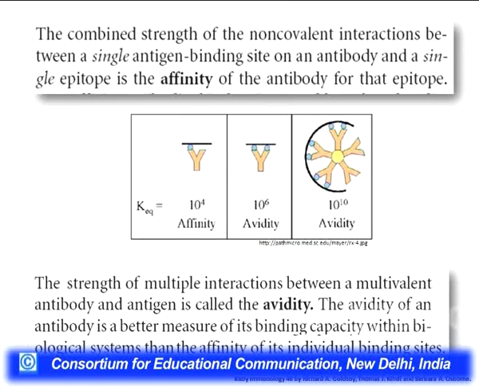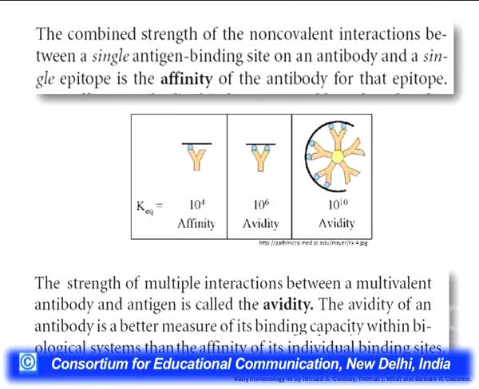Now, this affinity was not able to completely define or measure the entire capacity of an antibody, because the antibody-antigen interaction cannot be defined only by a single antigen binding site or a single epitope. So there are multiple interaction patterns which happen here. The strength of the multiple interactions between a multivalent antibody and a multivalent antigen is called avidity. Avidity gives us a better understanding of the binding capacity within the biological system.